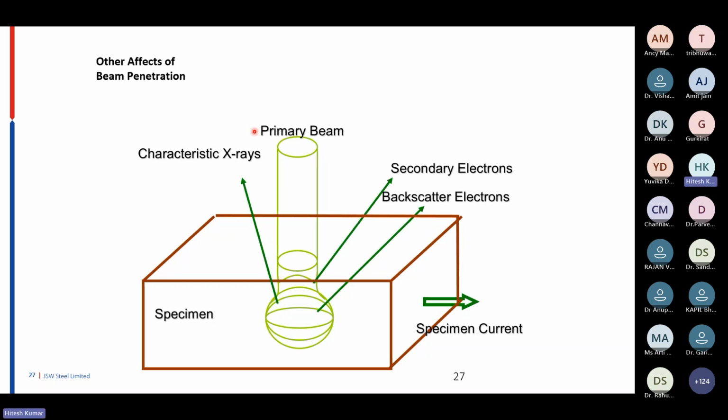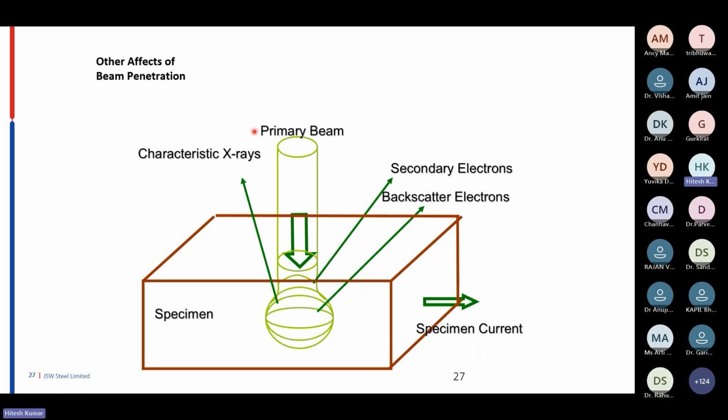Then there is the specimen current. Why is it important? If your sample is conductive, it is quite easy to detect. Sometimes we are working on ceramic or glass, and that is a problem.